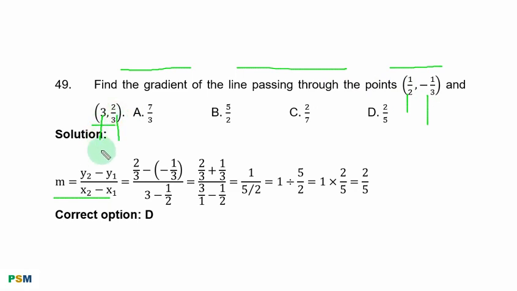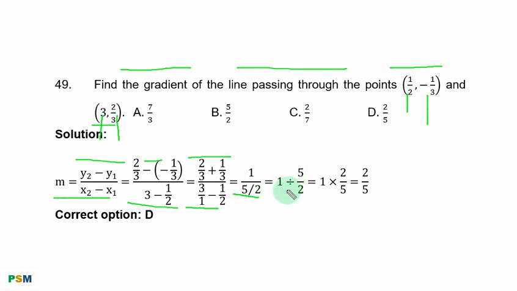You replace them in the formula, you have these results. When you open this bracket, you have this result. You can write 3 as over 1 for you to have a balanced fraction. If you simplify the numerator and denominator, you have this result, which implies 1 divided by 5 over 2.